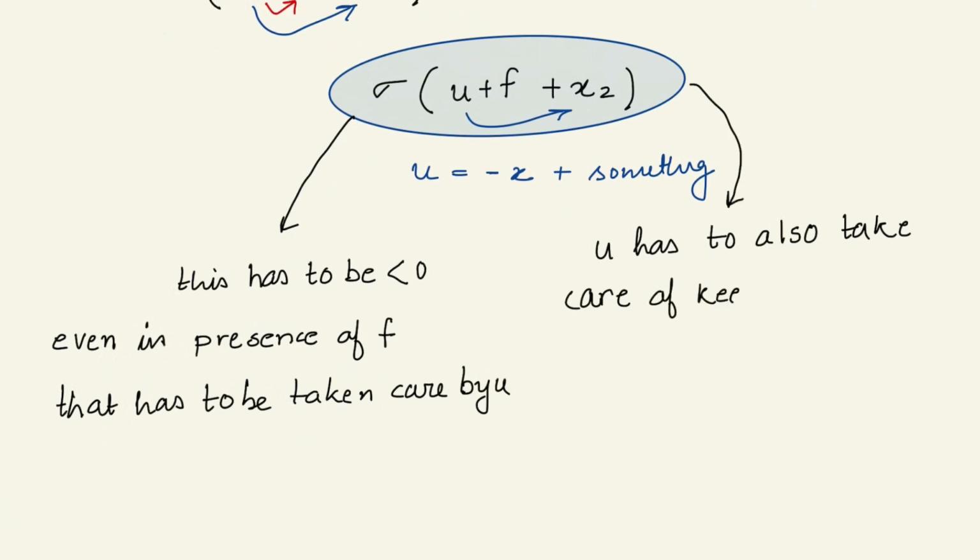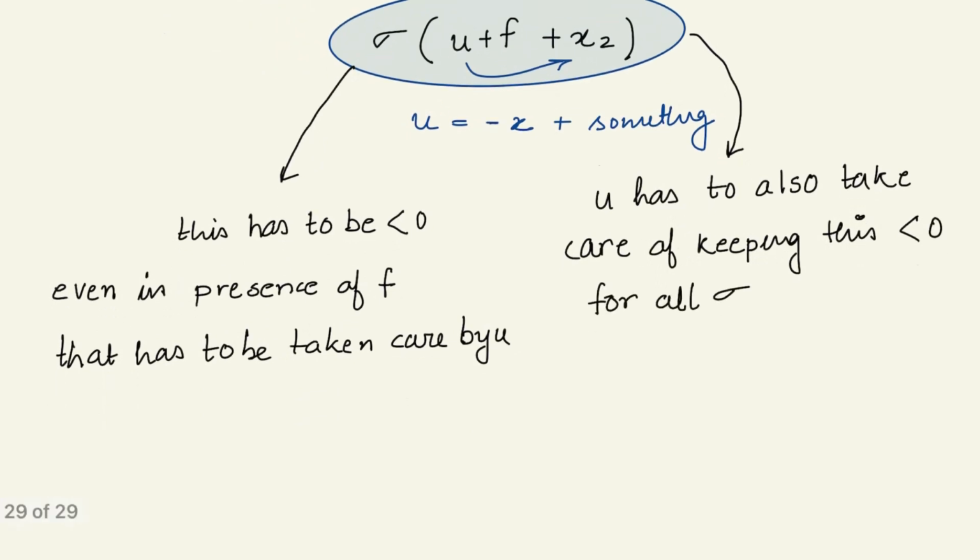You have to nullify the x2 first of all. So u will be minus x2 plus something. There is a mistake here, it should be u equal to minus x2 plus something.